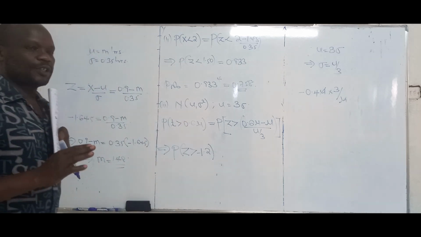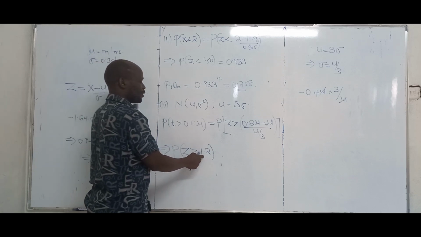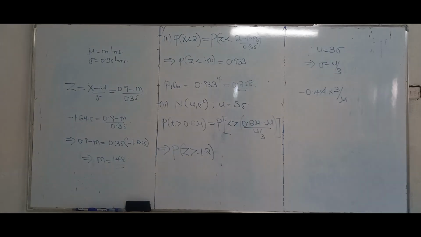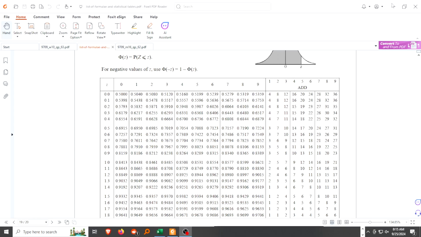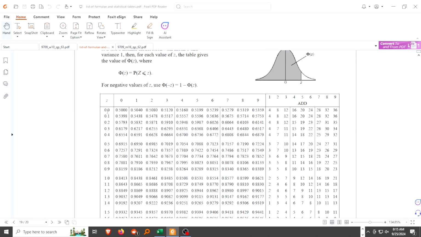So we check from the tables the probability that corresponds to a Z value of 1.2. We come under the normal distribution function table and check the Z column 1.2, and we find that it corresponds to 0.8849.